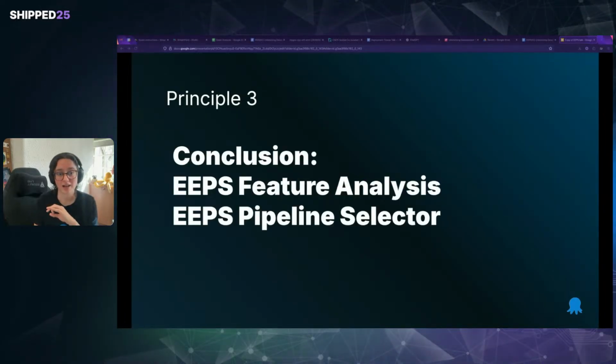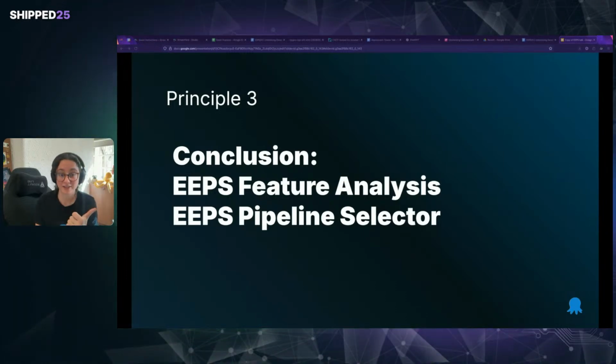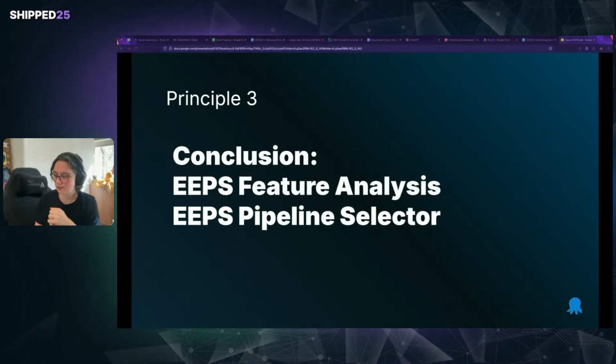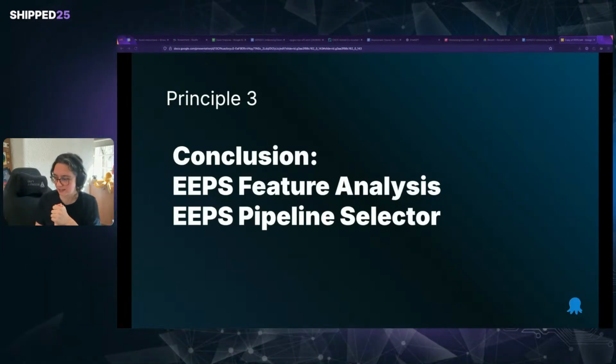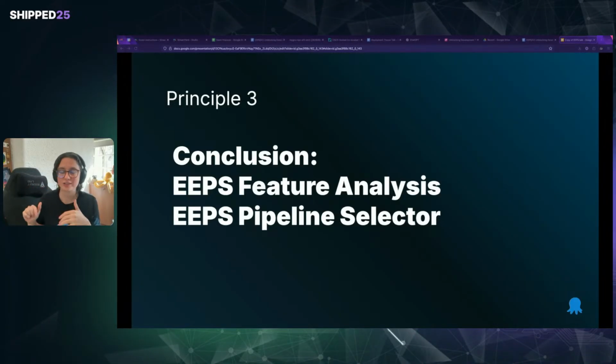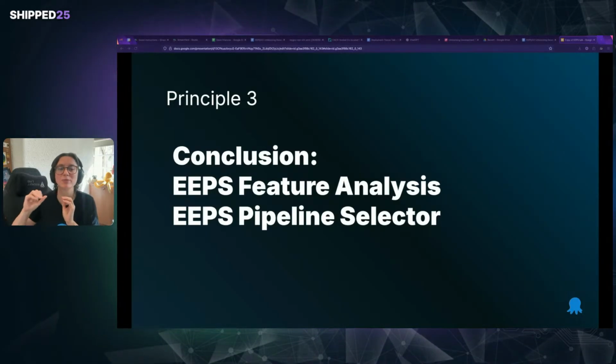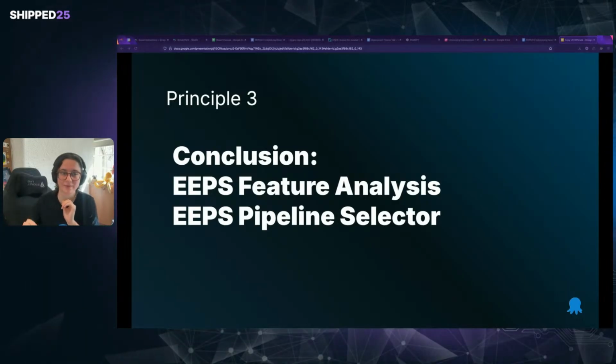This led us to two of the EAPS features. Again, that feature analysis one, and then the pipeline selector. The feature analysis, understanding what a customer's deployment does at the point that it's run, allowed us to defer our decision about which pipeline it was going to run on up until the very last second, right? Up until the point that they actually hit run.